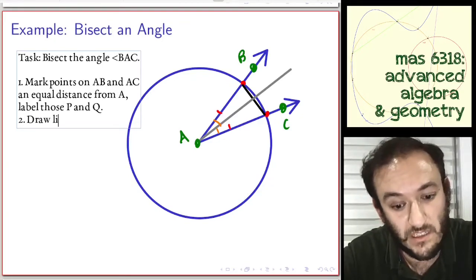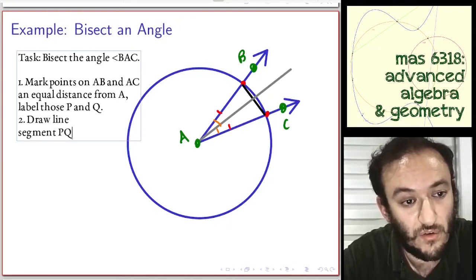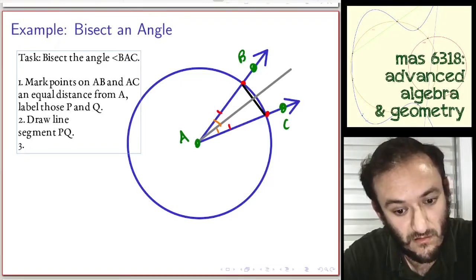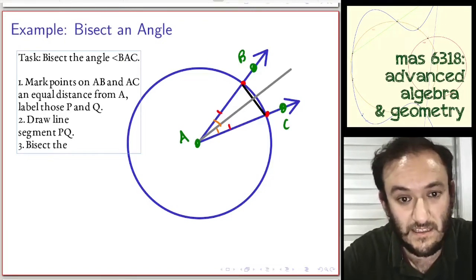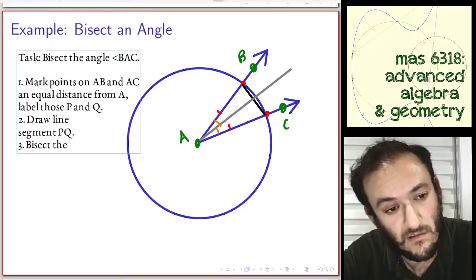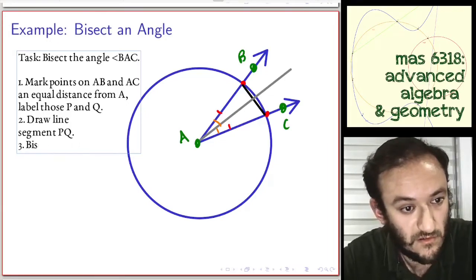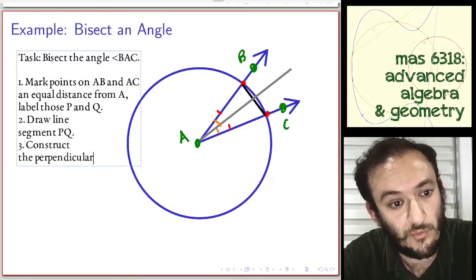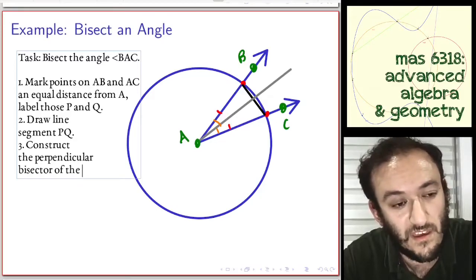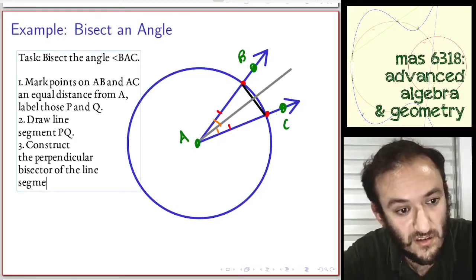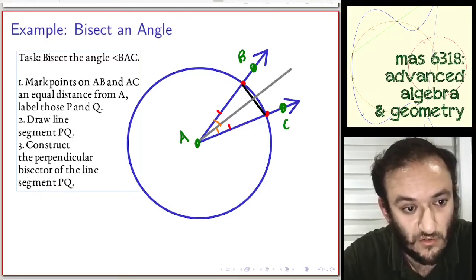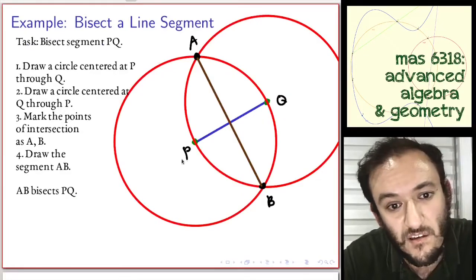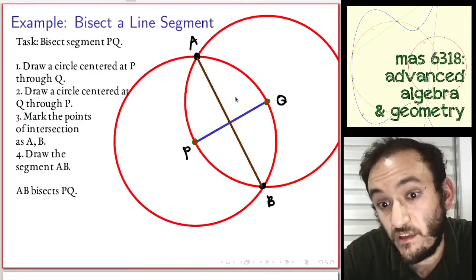Draw the line segment PQ, and then bisect the line segment, or rather take the perpendicular bisector of the line segment PQ. I didn't actually specify this on the previous slide, but this line is perpendicular to PQ.